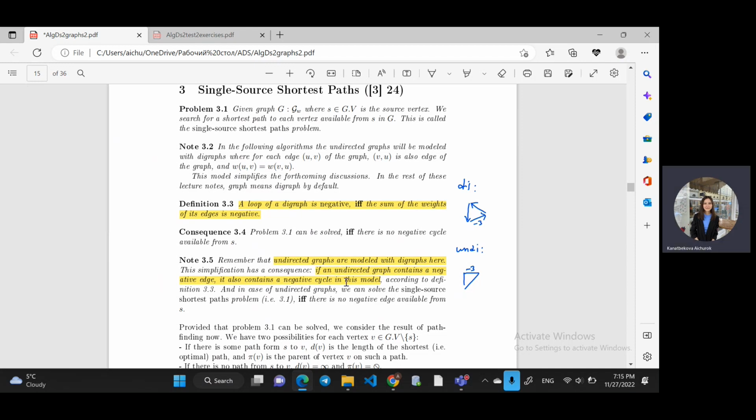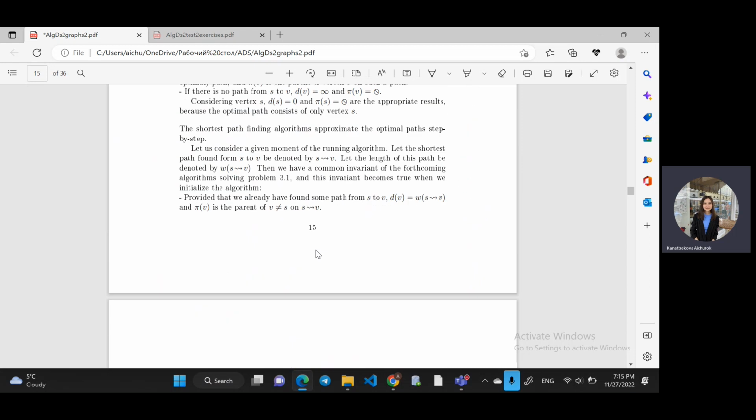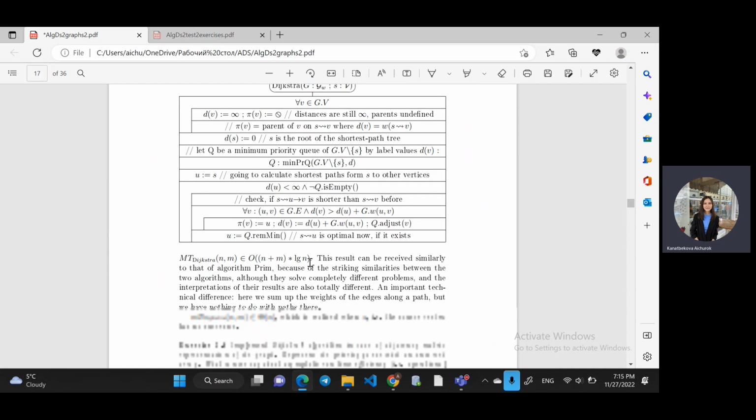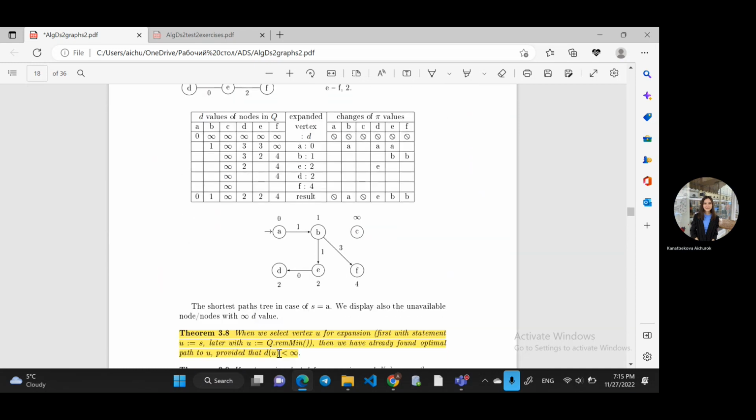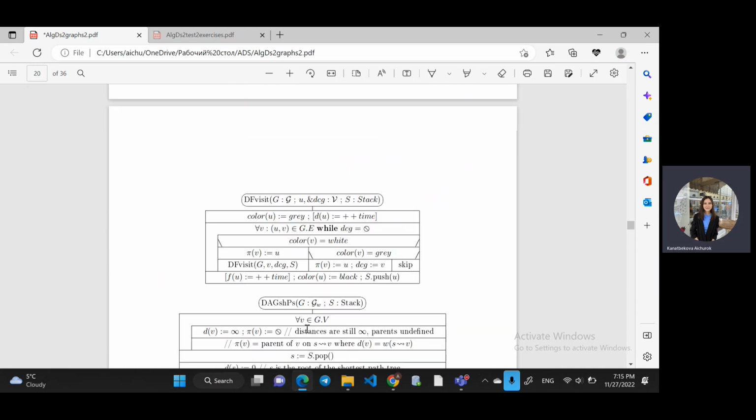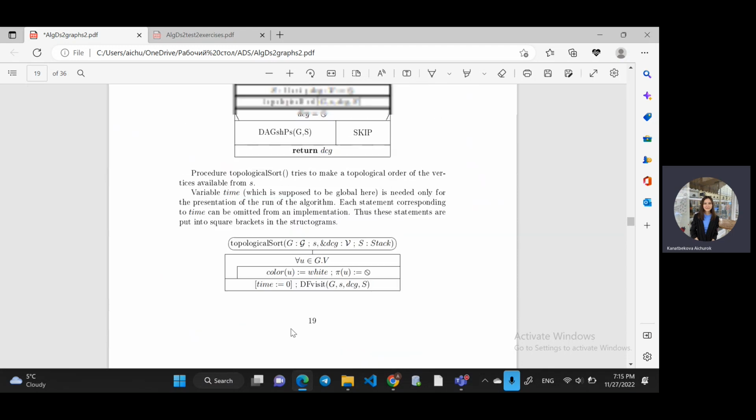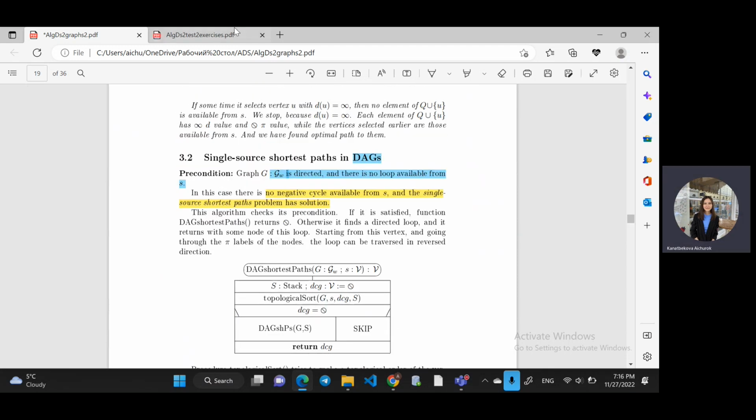So please make sure to review these definitions, and we continue with the exercise from the sample, which is this one.